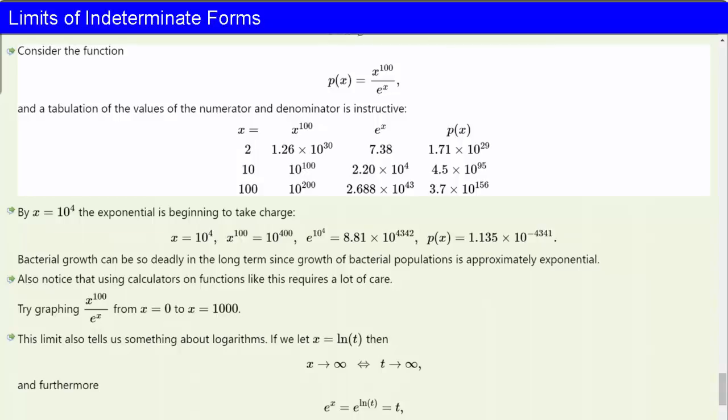When x is 10, x to the 100th is 10 to the 100th, e to the x is 2.2 times 10 to the 4th, and p of x is 4.5 times 10 to the 95th power.